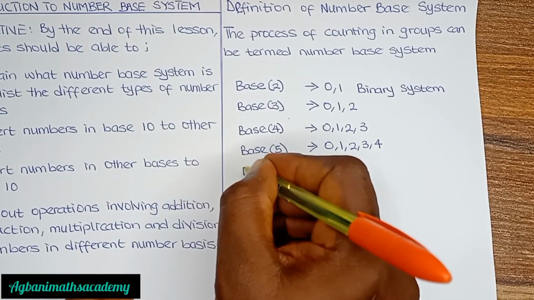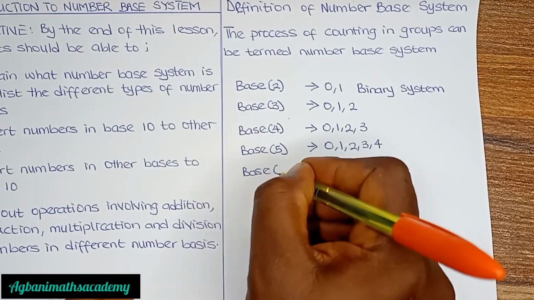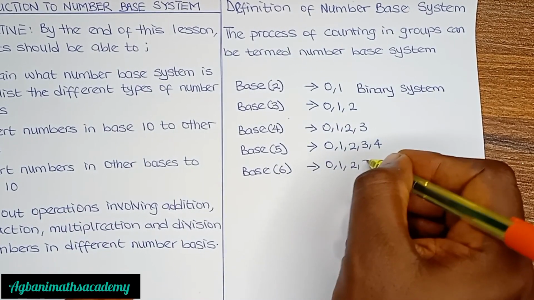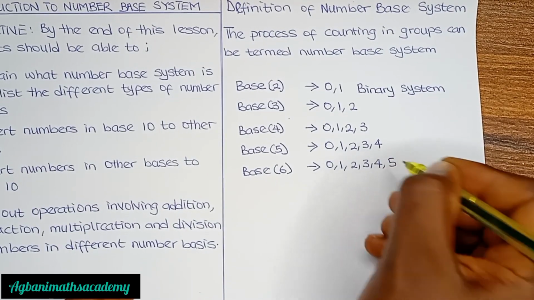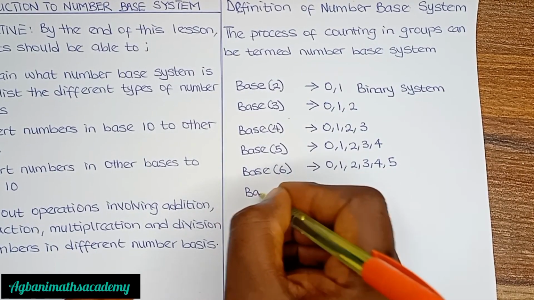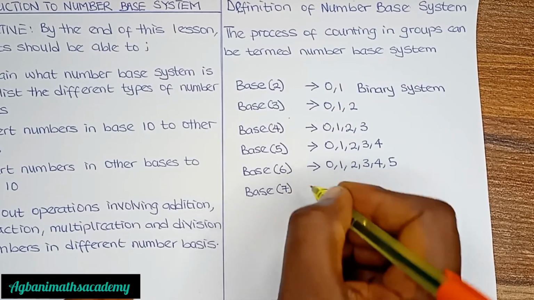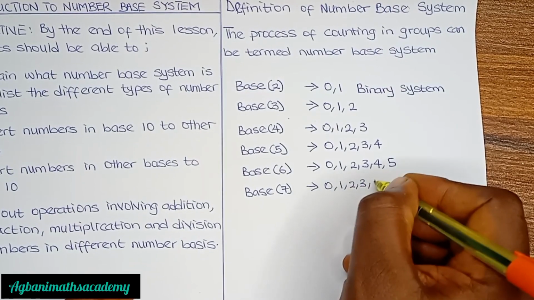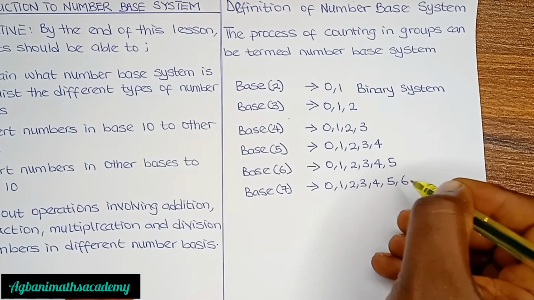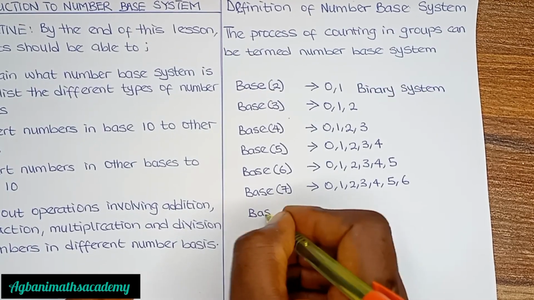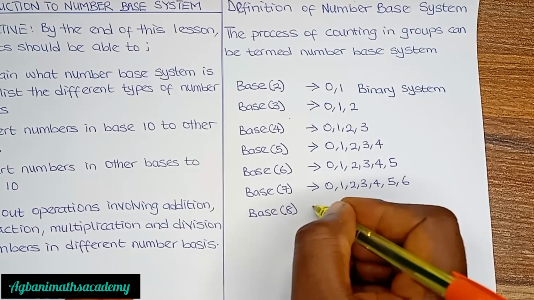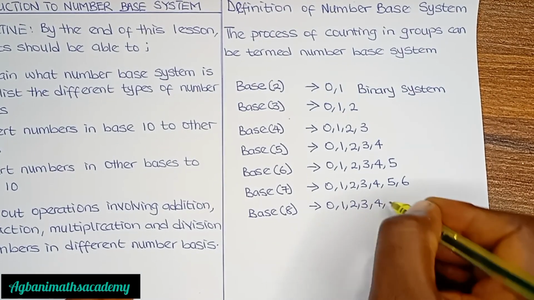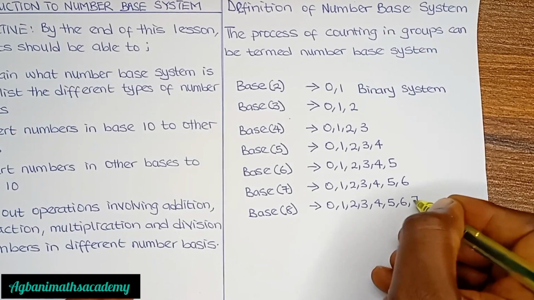Base 6, containing 6 numbers, 0, 1, 2, 3, 4, and 5. Base 7, containing 7 numbers, 0, 1, 2, 3, 4, 5, and 6. Base 8, we have 8 numbers, 0, 1, 2, 3, 4, 5, 6, and 7.